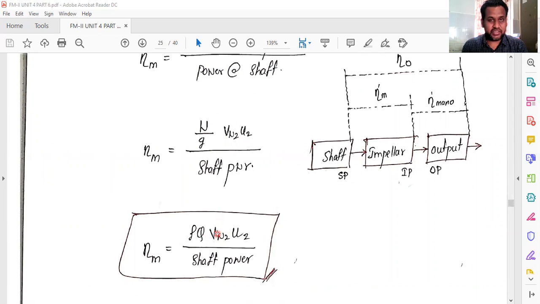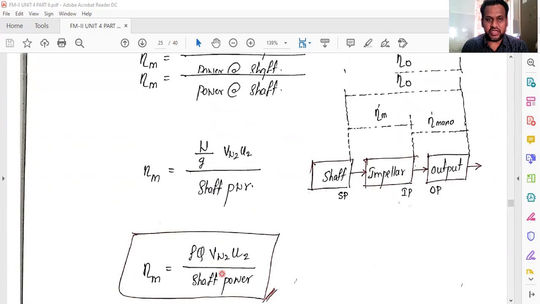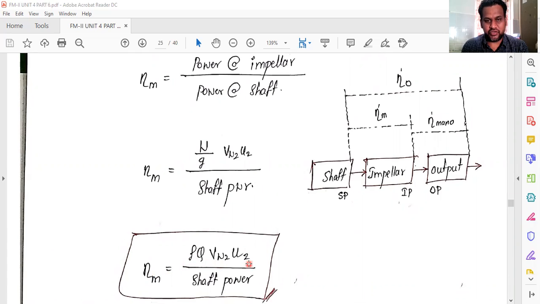These things we already discussed in the previous classes. So instead of W by g, I can write rho into Q, because W is equal to rho into Q into g. So rho into Q into VW2 into U2 divided by shaft power. That is the formula for mechanical efficiency: mechanical efficiency is equal to rho into Q into VW2 into U2 divided by shaft power.